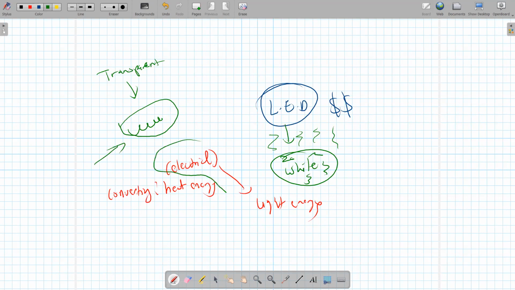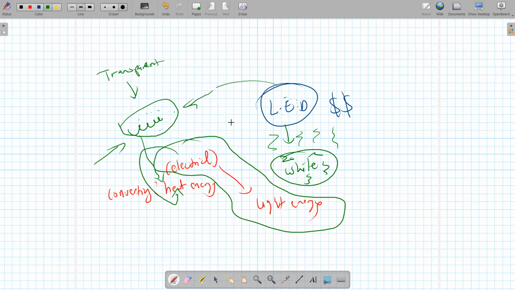All bulbs do this. They convert electricity into light. But this guy is inefficient because it releases a lot of its energy as heat. So if you ever touch one of these, it's going to feel very hot, because some of the electrical energy has been transformed into heat energy. These also get hot, but nowhere close to that. So it's more efficient in transforming this.